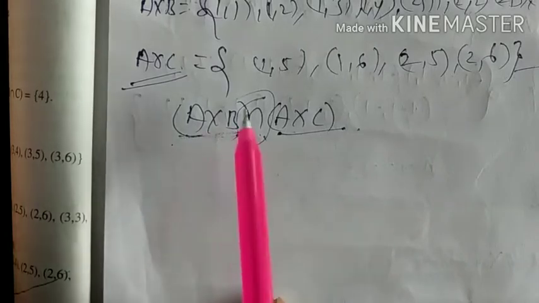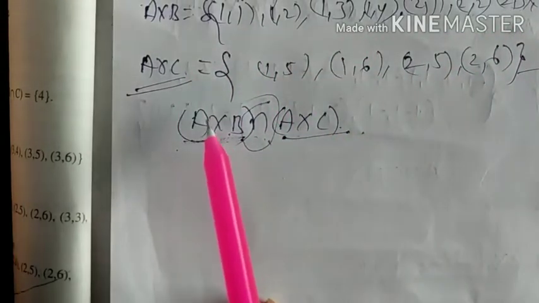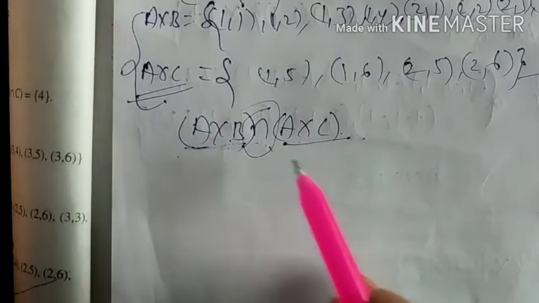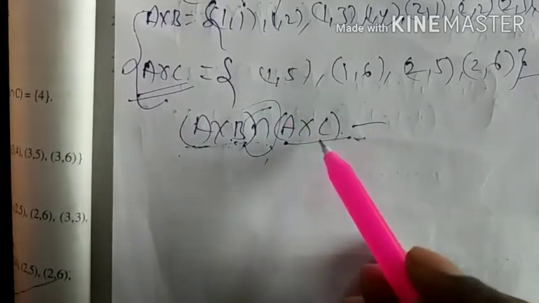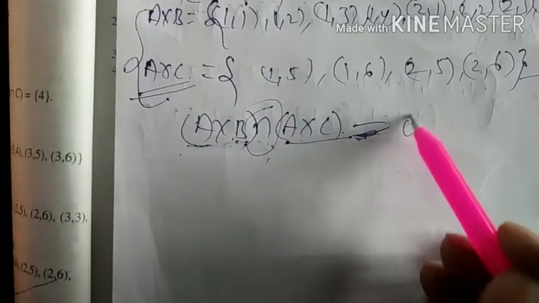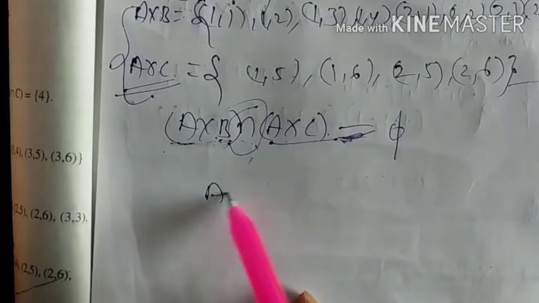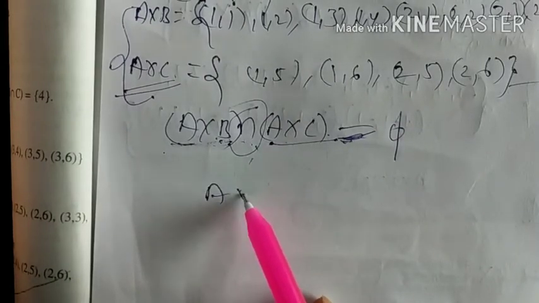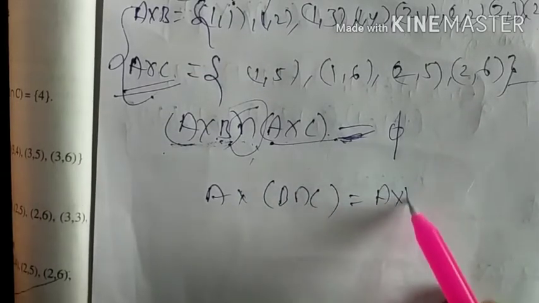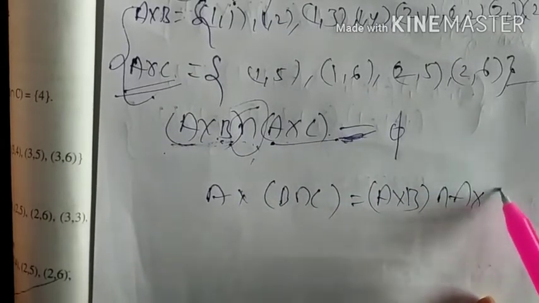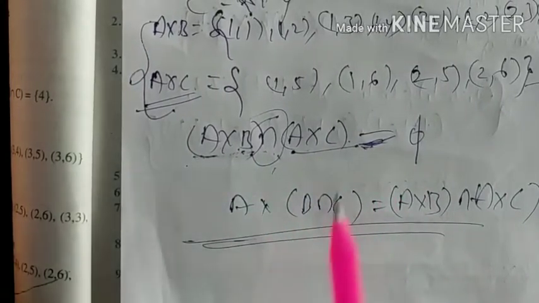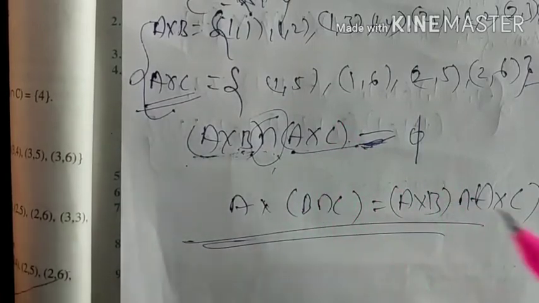If we observe A × B and A × C, there are no common elements in these two sets. So (A × B) ∩ (A × C) is equal to φ. We can conclude that A × (B ∩ C) is equal to (A × B) ∩ (A × C). Clear? In this way you have to calculate the Cartesian product of two sets or three sets.